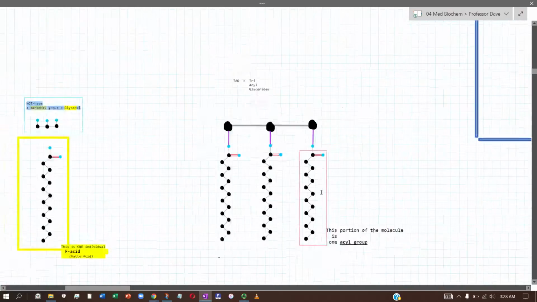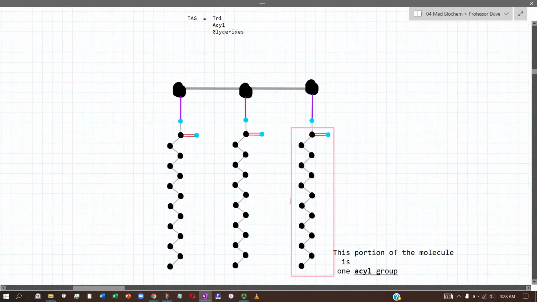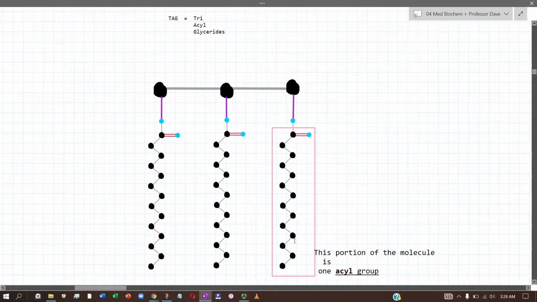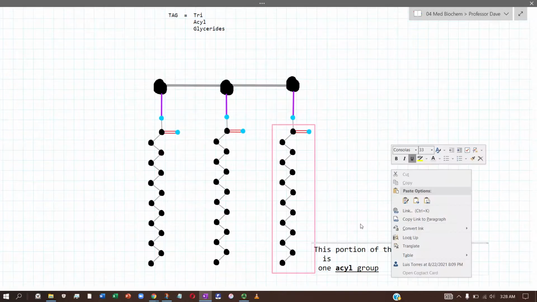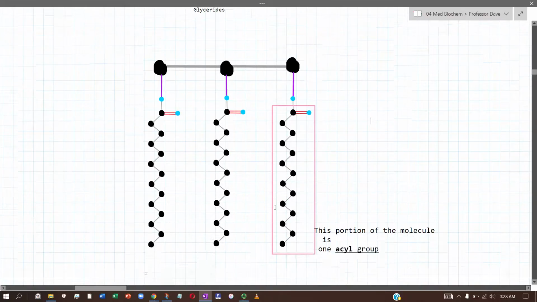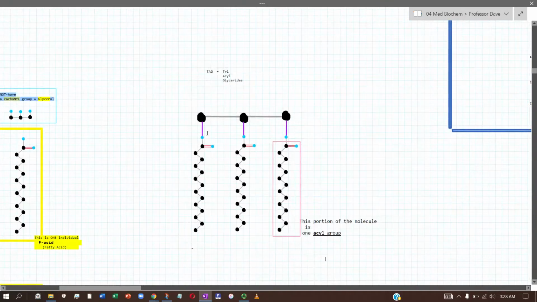And this right here, surrounded by this pink box, anything that involves all these carbons and all these hydrogens and this one carbonyl group, that's something called the acyl group. Hence the name triacylglyceride. Glycerol right here, and then tri, you have three acyl groups. These are tags. There you go.